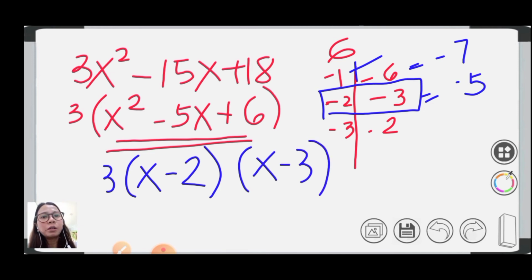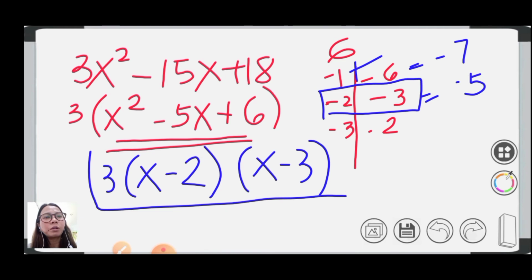So these are the factors: 3 times the quantity of x minus 2 and x minus 3. I hope you understand the procedure and the process of getting the factors of trinomials where a is greater than 1. So let's have another example.